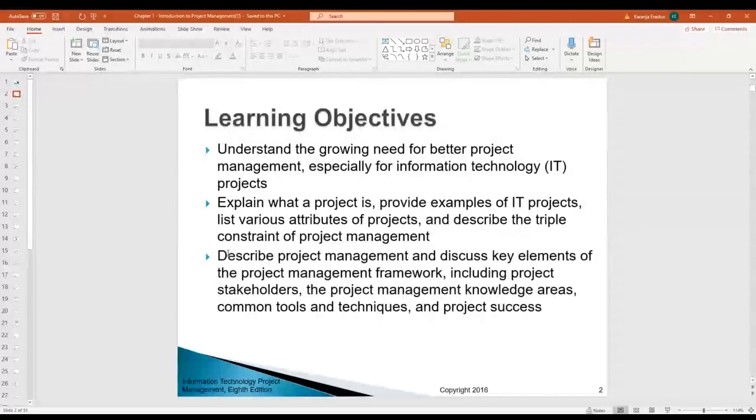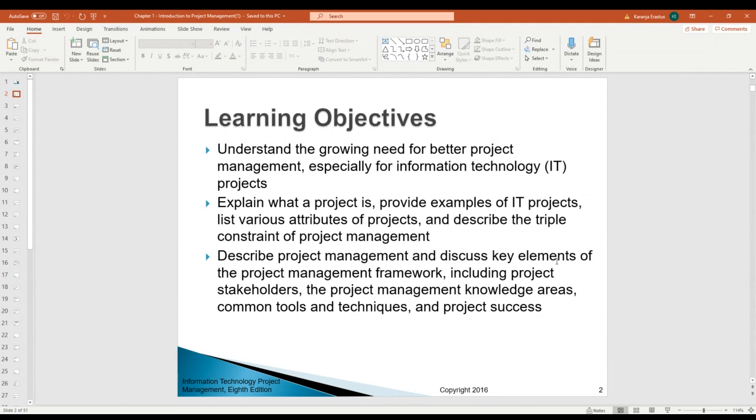If you're in hospitality, if you're in management, if you're in healthcare, if you're in tourism, you can use the same concepts in managing a project. It's only that the book is a little bit biased towards IT, but the concepts are applicable to any other area. Okay, so we'll provide some of the attributes of a project and then talk about the triple constraint. Remember the video had the concept of the triple constraint, so we'll come back to it.